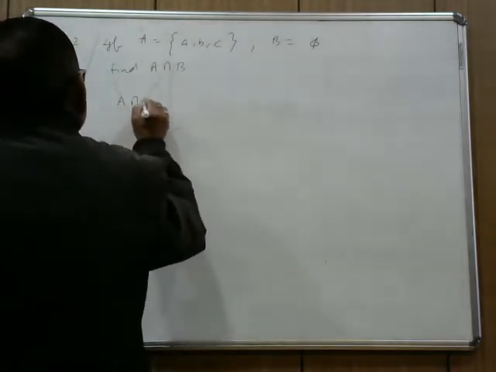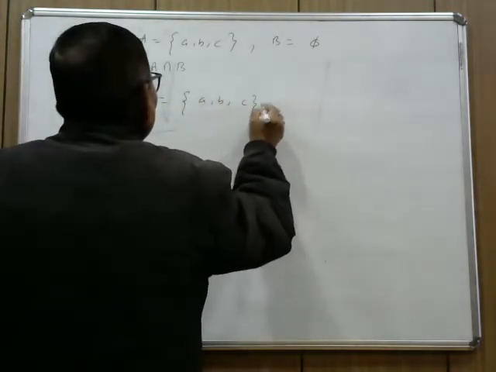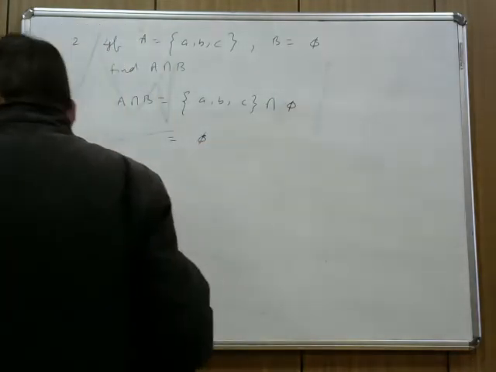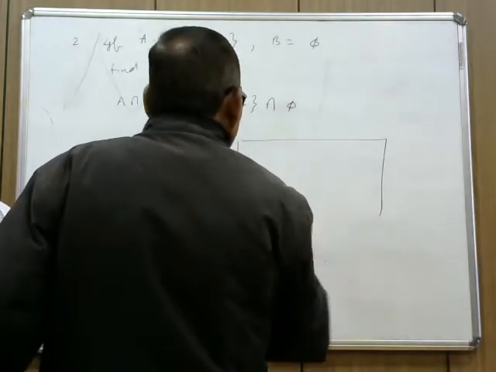Now, A intersection B can be written as this set intersection the null set, so that is equal to the null set. You can show it by Venn diagram as this.